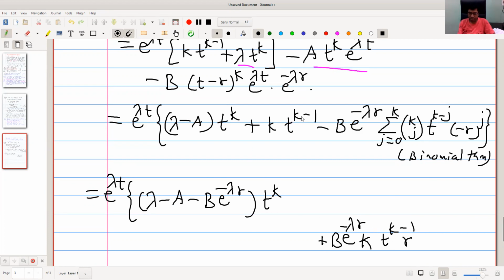This term can be combined with this k t raised to k minus 1. So we can write plus k, which will be common, into 1 plus b into e raised to minus lambda r into r. Nothing else, into t raised to k minus 1.